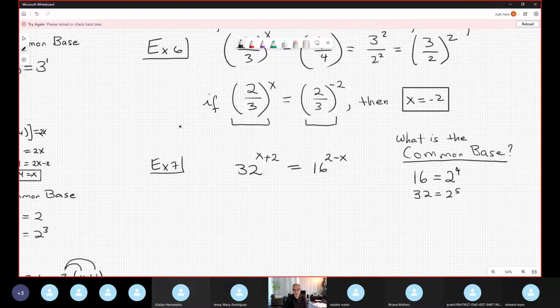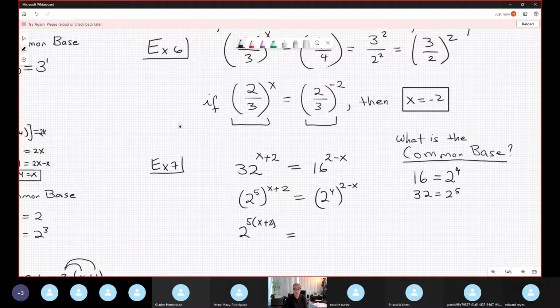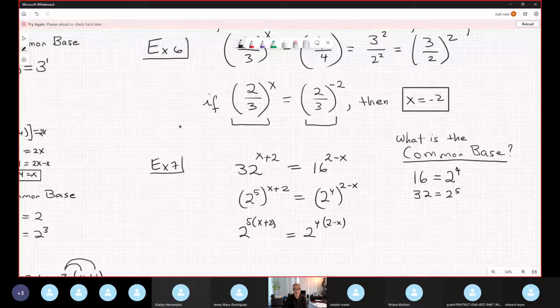Now replace the original numbers: 2 to the 5th power raised to the x plus 2 is equal to 2 to the 4th power raised to the 2 minus x. One more time, we do the multiplication of the exponents: 5(x plus 2) equal to 4(2 minus x).